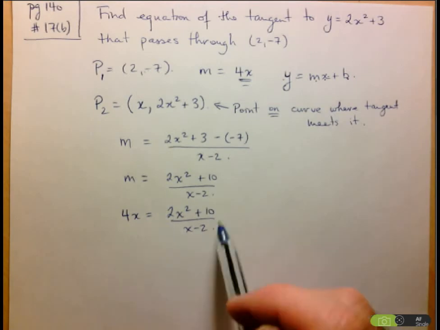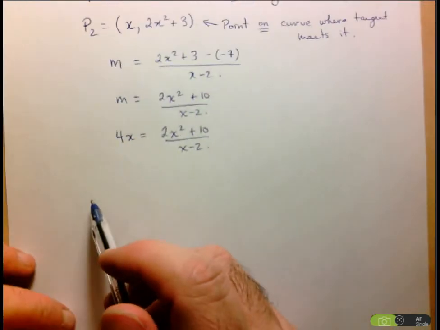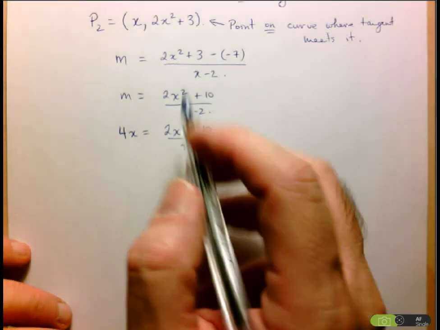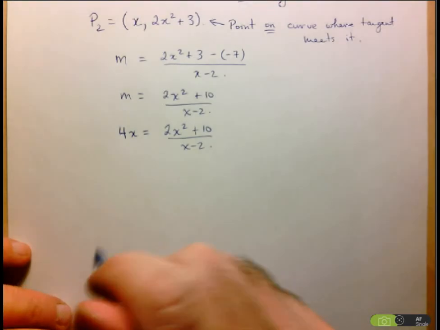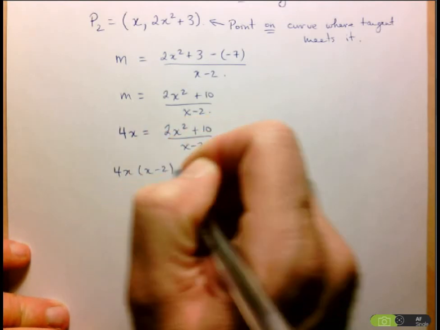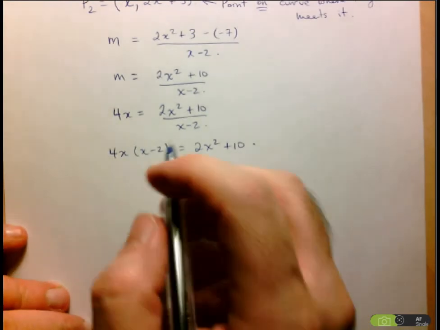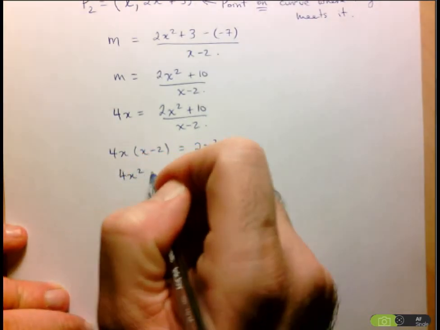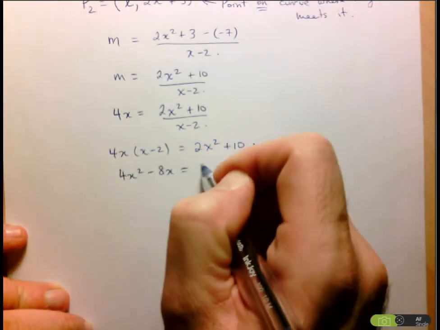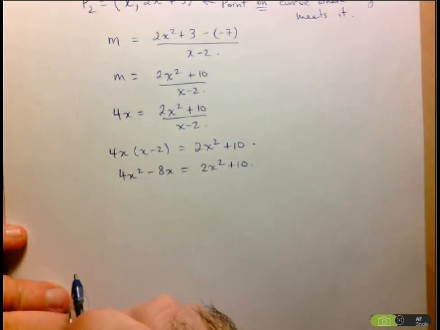We ended up with an equation we can now solve. This is a fairly straightforward rational equation, so I'm just going to multiply x minus 2 to the left-hand side. So we have 4x times x minus 2 equals 2x squared plus 10. This is 4x squared minus 8x, and here let's bring everything to the left-hand side.